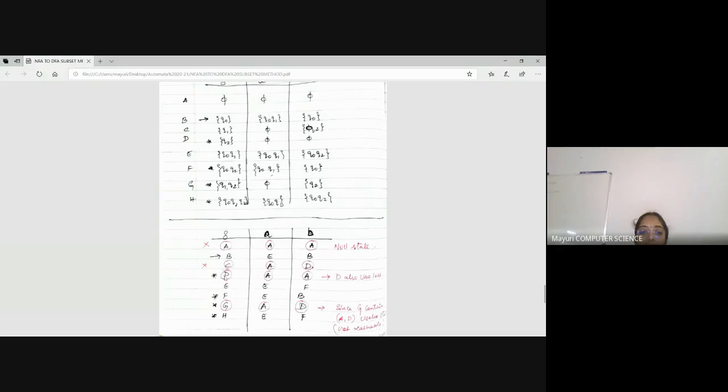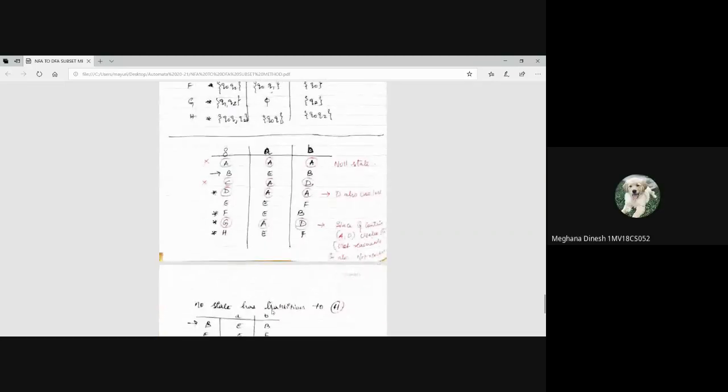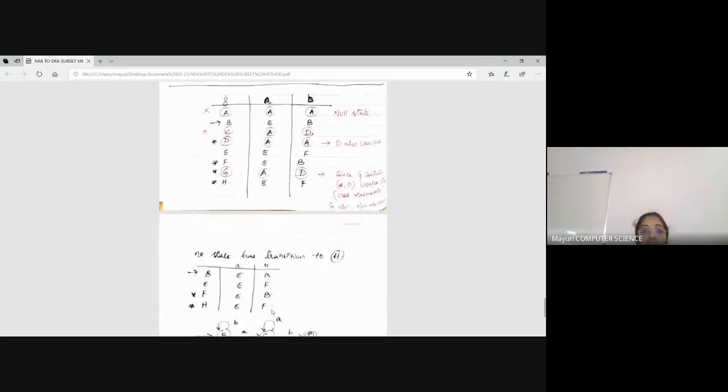So A and D are not reachable states. Since C is also going to not reachable states, A, C, D. And then G. G, you see, A, D is there. Correct? So whom all can I avoid now? A, C, D, G. Fine? Yes, ma'am. A, C, D, G. Okay.